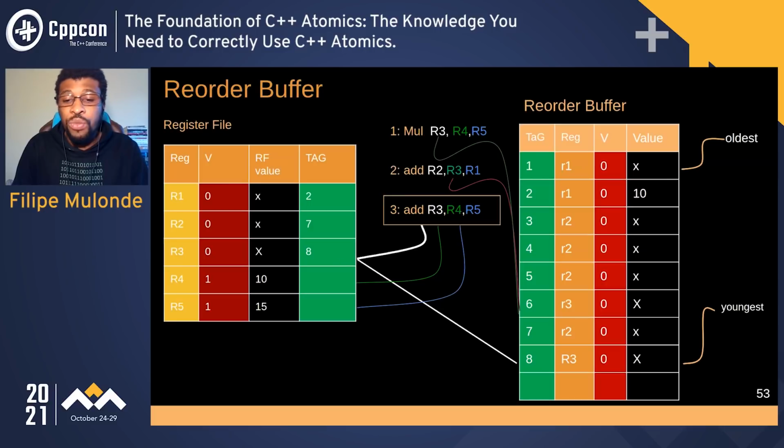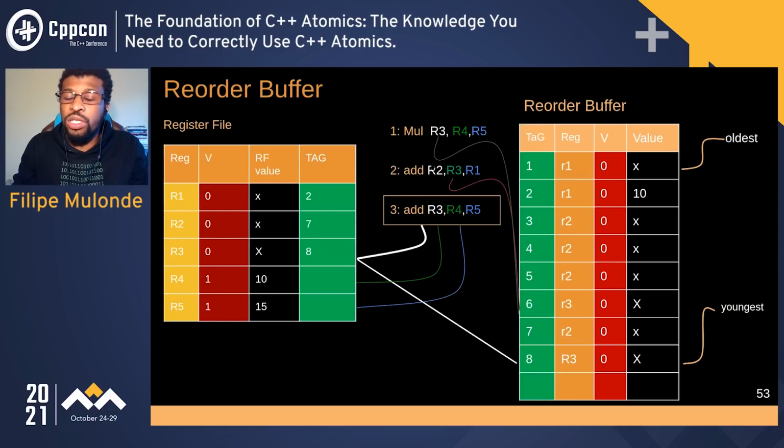We also write the address of the reorder buffer entry of that instruction into the register file. After that, we go after the operands of that instruction. In this case, both of the operands are valid, so we can take the values from the register file.